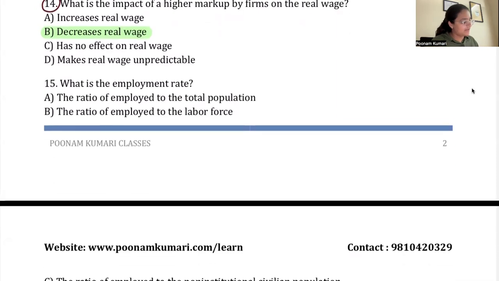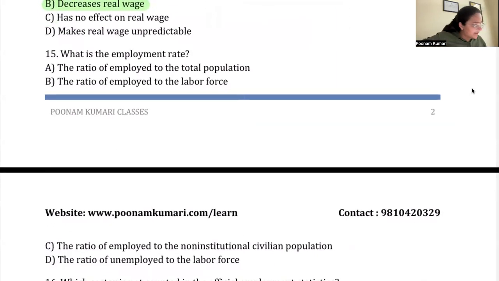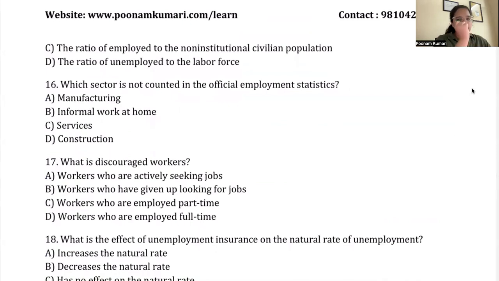Okay, question number 15. So it's the B. This is part number B, right? Employed to labor force. Okay. Now question number 16.